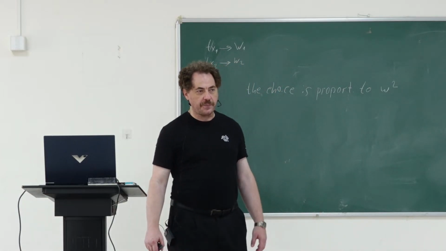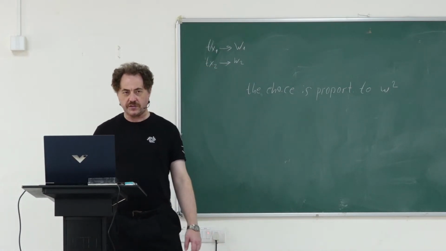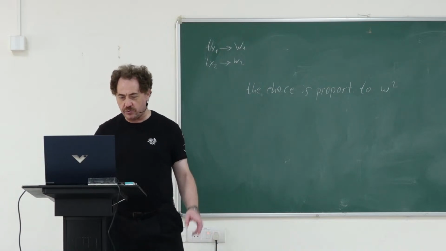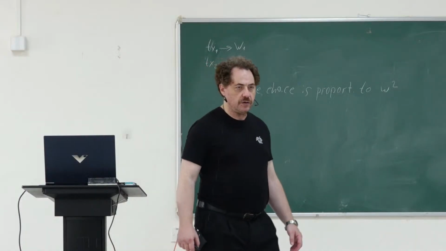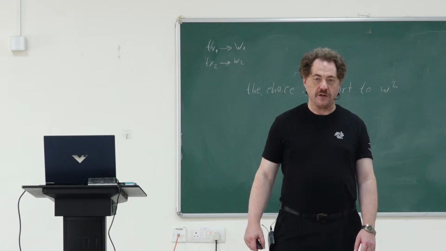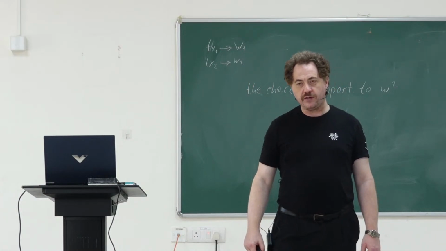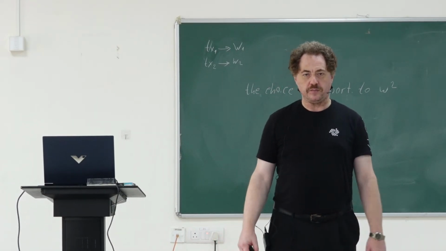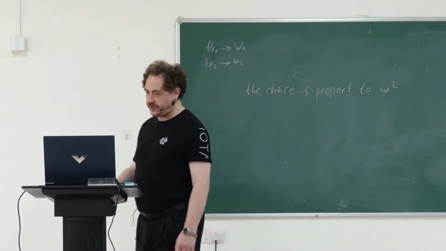So starving a particular user requires a significant amount of coordination, and therefore it's difficult to do. But of course it's possible to blackmail users with high transaction fees if miners are rational, right? The miner can even contact the originator, the user, out of band and say, well, the fee that you propose is too little. I want a higher fee. So that is possible in open ledgers.